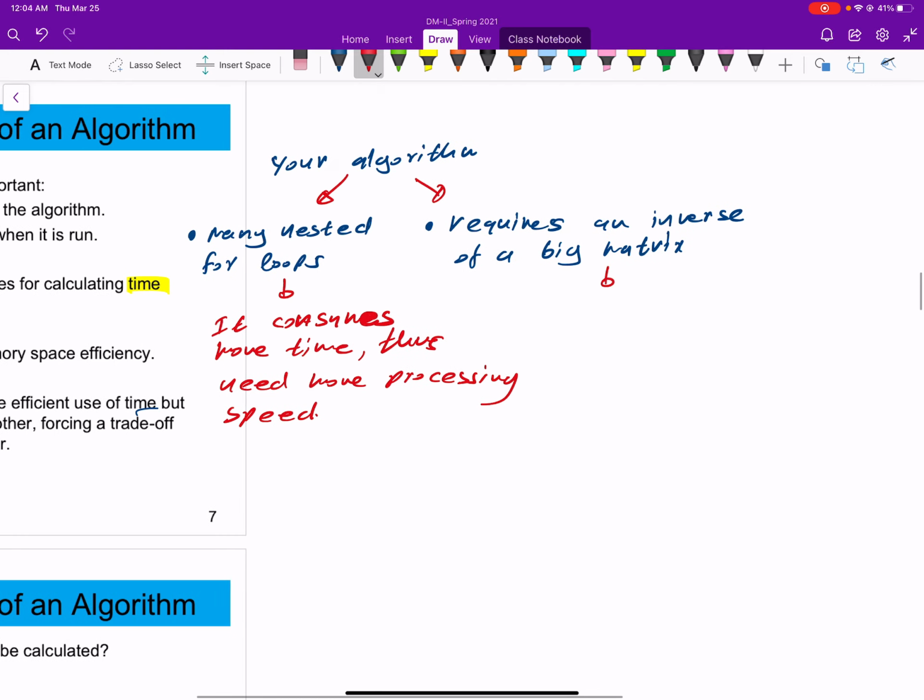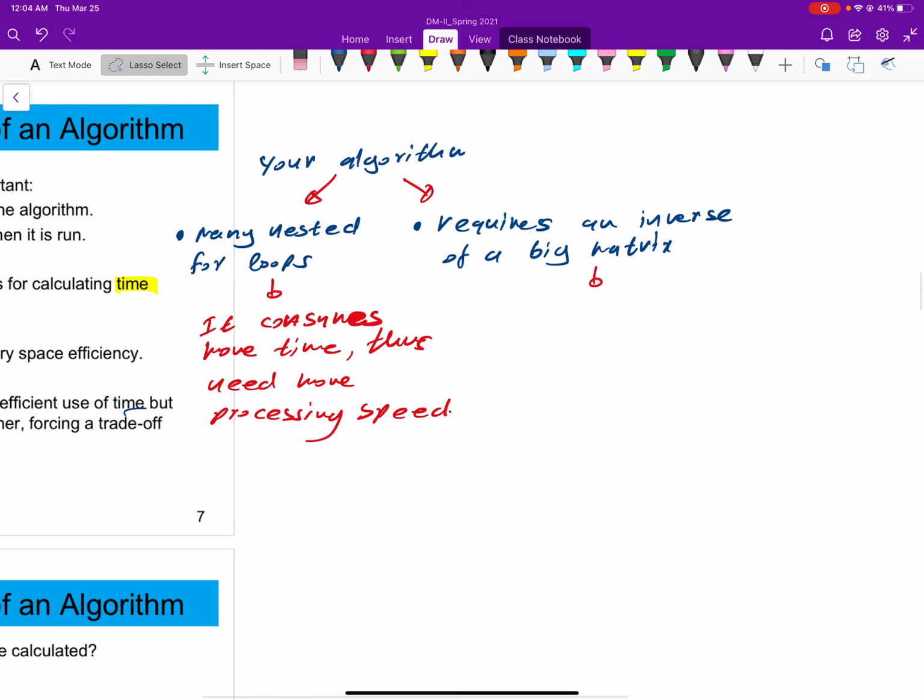In the second case, it consumes more memory, thus needs more memory.